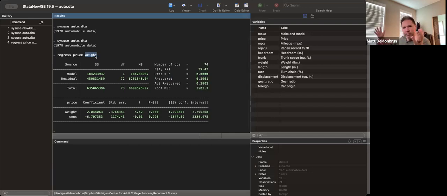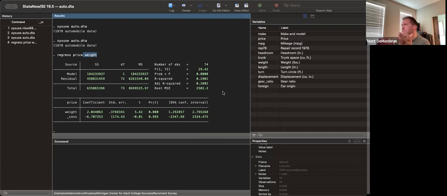Think of it as a big giant pie. We've got 100% of variation that's out there, all these different prices. The R squared is the percentage of it we can explain. We're saying that we can explain about 29% of the variation in our price using a car's weight. So not too terribly bad.